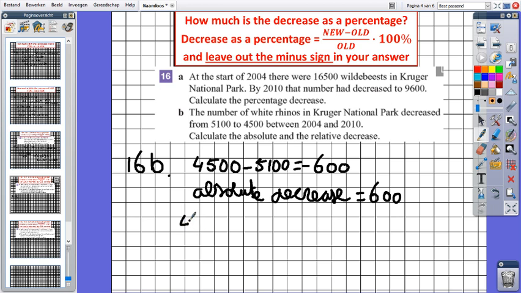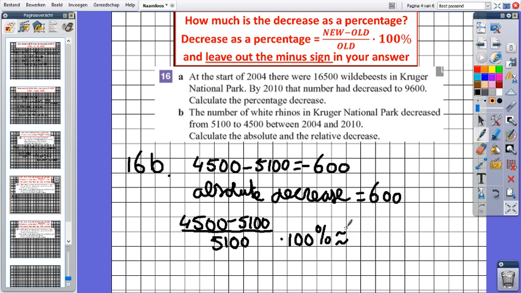So do new minus old. Again, if you use your calculator, first calculate this and then press enter, or do 4500 minus 5100 inside of brackets. Divide this by old, 5100, and do this times 100%.